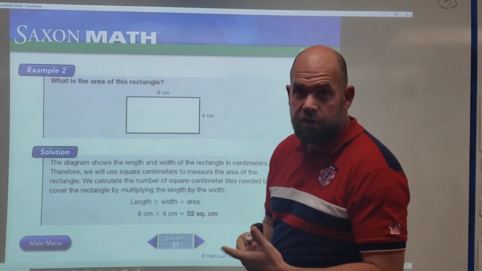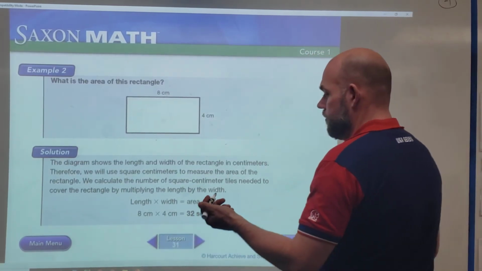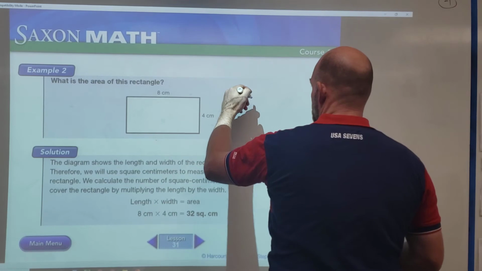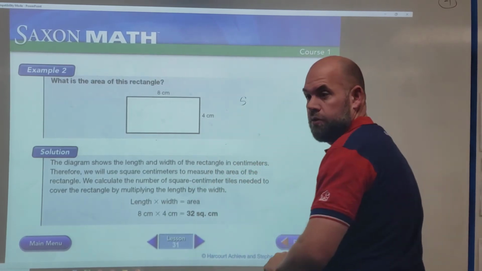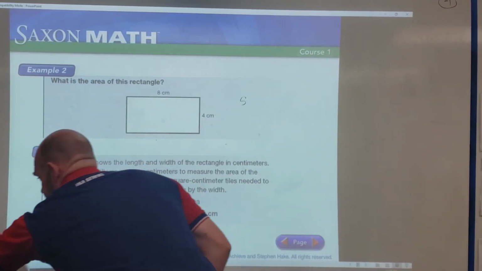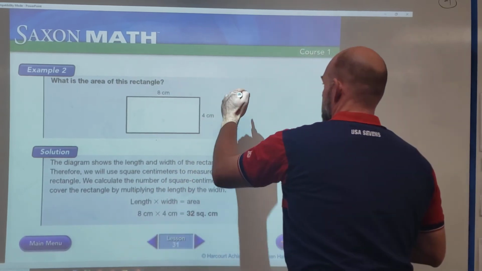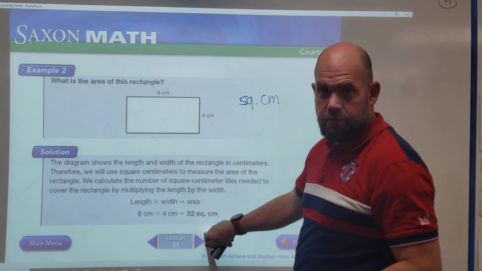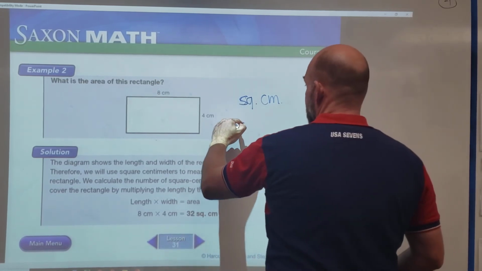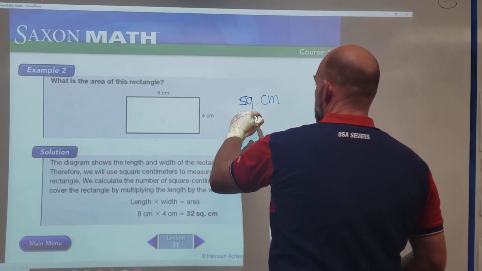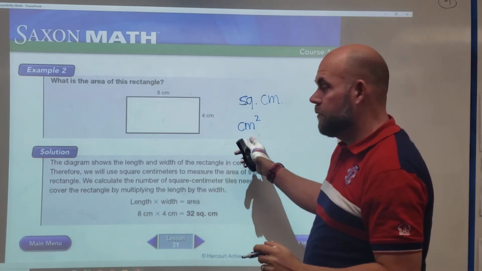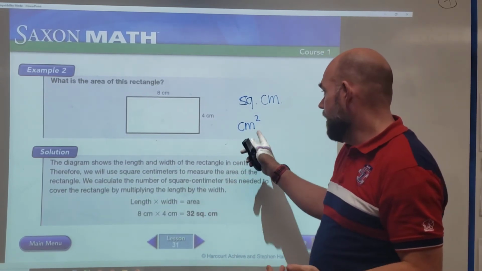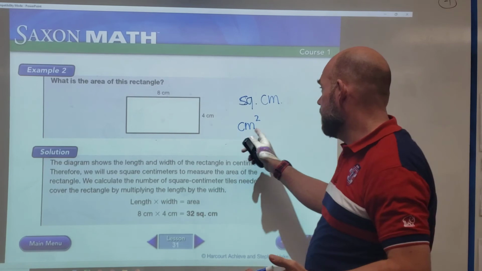Now, in your homework, you can write this a few different ways. You can do square centimeters, like they've written here. You can also do centimeters squared, which honestly is the most common way to do it in the real world, and the way I prefer to do it is centimeters squared.